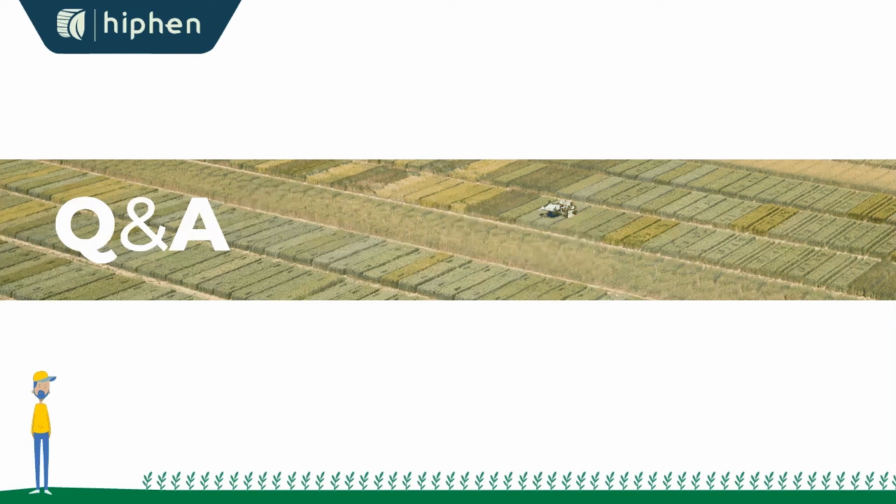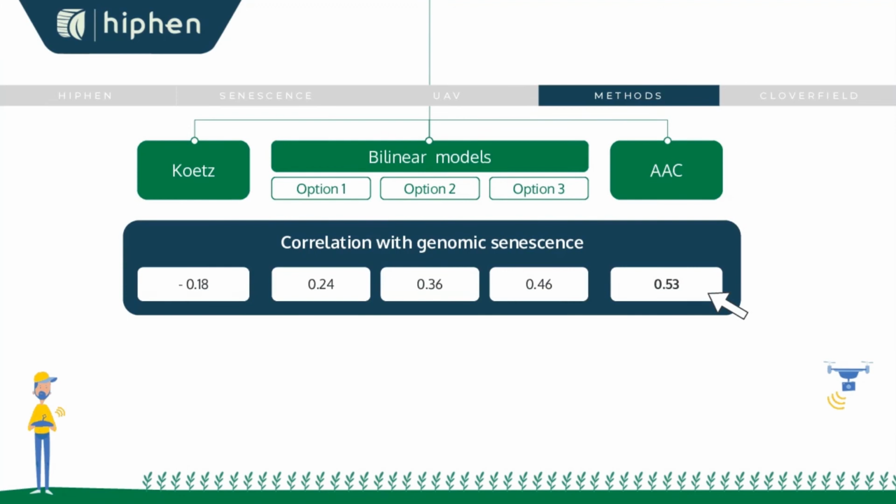Question two is Mr. Marandel, who is asking about the correlation between genomic and phenotypic senescence. I believe you're speaking about the figures we showed here: the correlation between the phenotypic senescence we measured with drones and the genomic senescence.